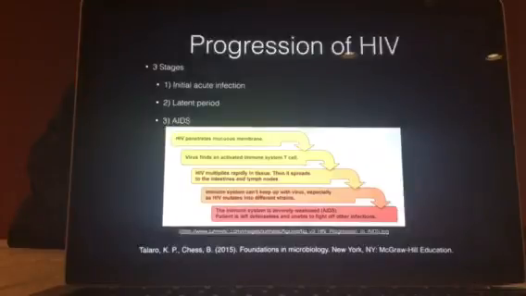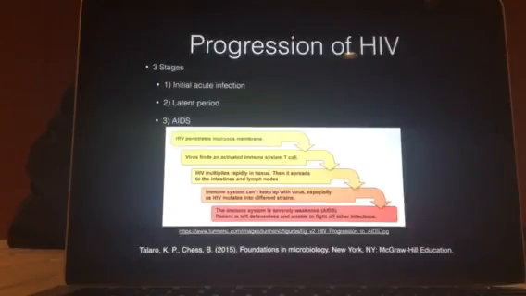The progression of HIV has 3 stages. The first is the initial acute infection, followed by a period of clinical latency, and third, the final progression into AIDS. I've attached a flow chart that is helpful in seeing how exactly the virus progresses. It starts by penetrating the mucous membrane, where it finds an activated immune system T cell.